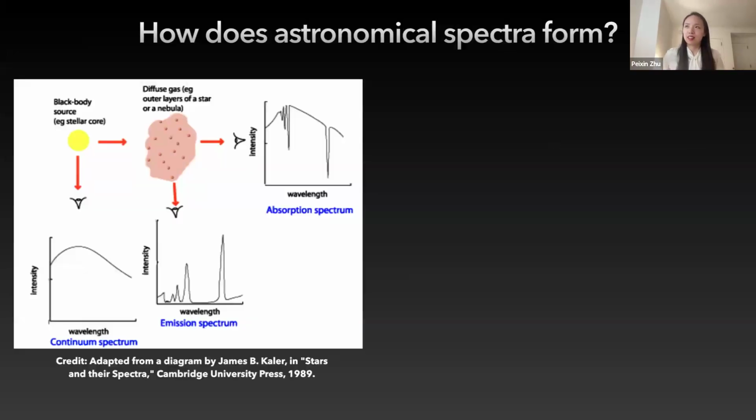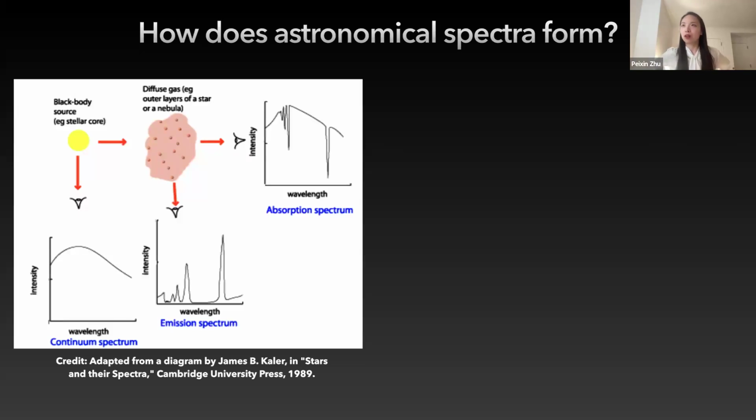So let me give a more detailed introduction of how astronomers study this spectrum. Before we look into how we can learn from this spectrum, I would like to talk about how this astronomical spectrum forms in the first place.